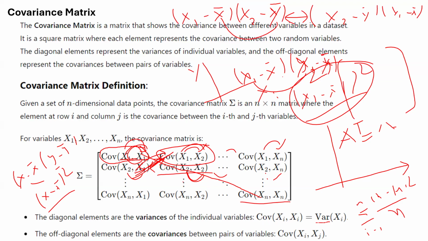It is symmetric, and its quadratic form will always be greater than or equal to 0. Given a set of n-dimensional data points, the covariance matrix sigma is an n by n matrix where the element of row i and column j is the covariance between the ith and jth variables. It is just a representation of the covariances along different dimensions as a matrix when you have n dimensions.